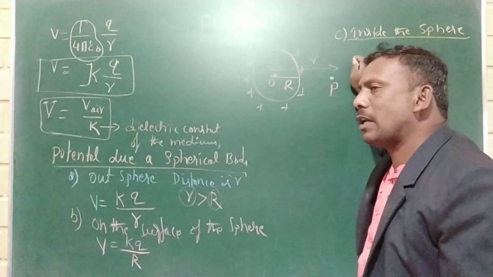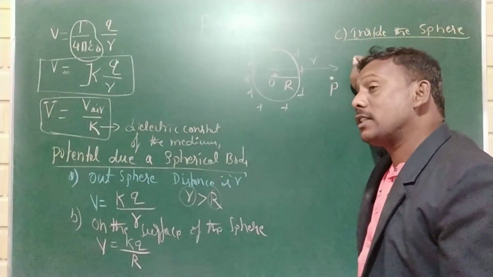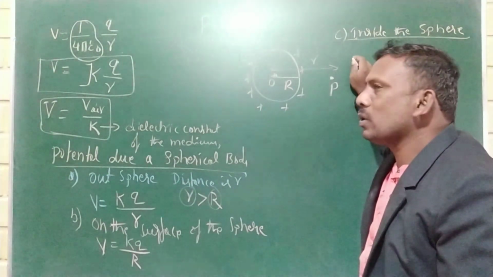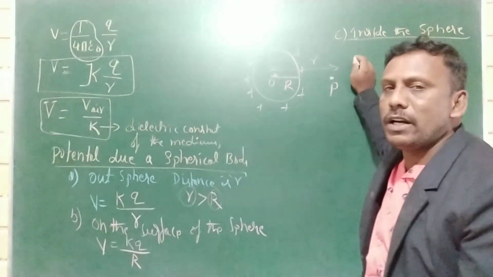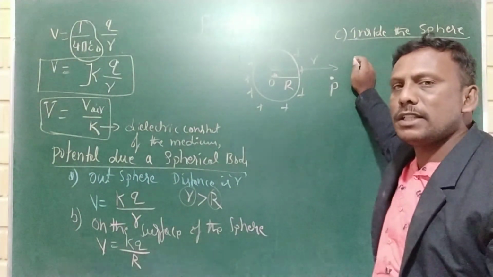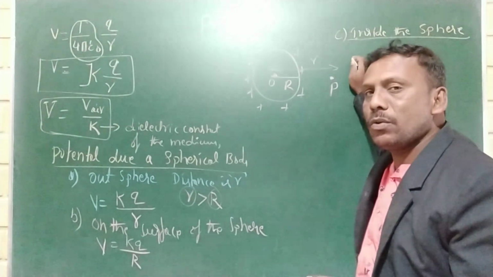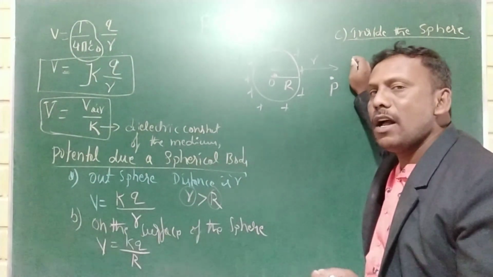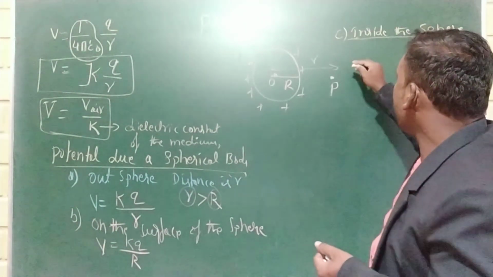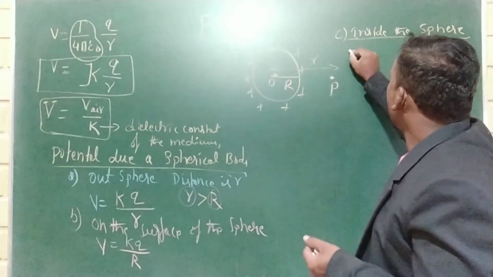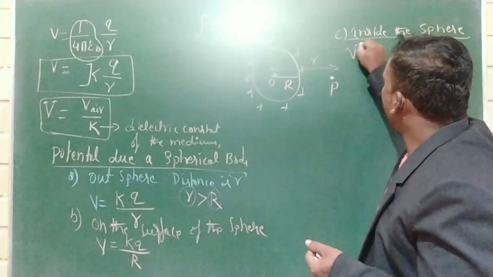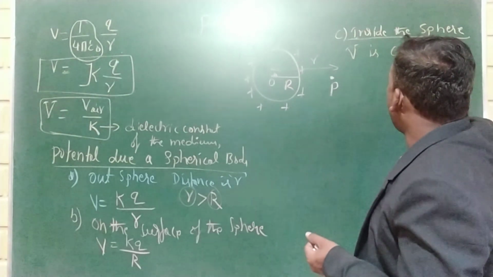The electrostatic potential is not zero, but it is constant, because there is no electric field to oppose the charge. Therefore, the electrostatic potential inside and on the surface of the sphere is the same.